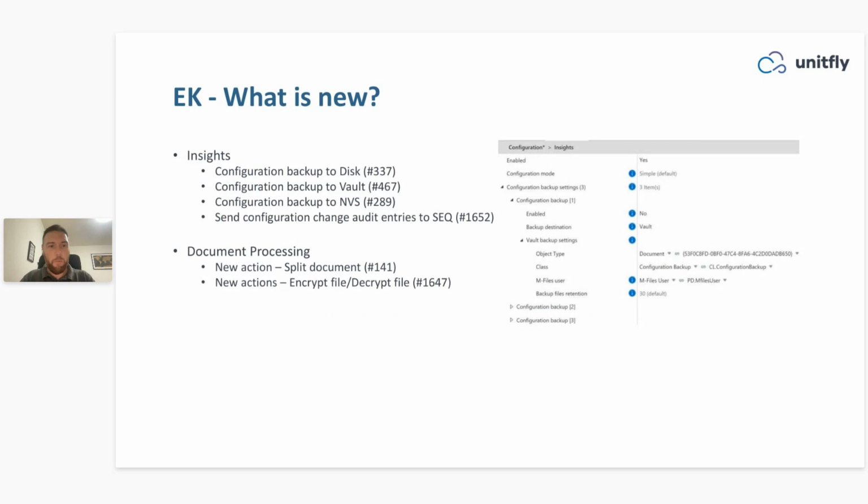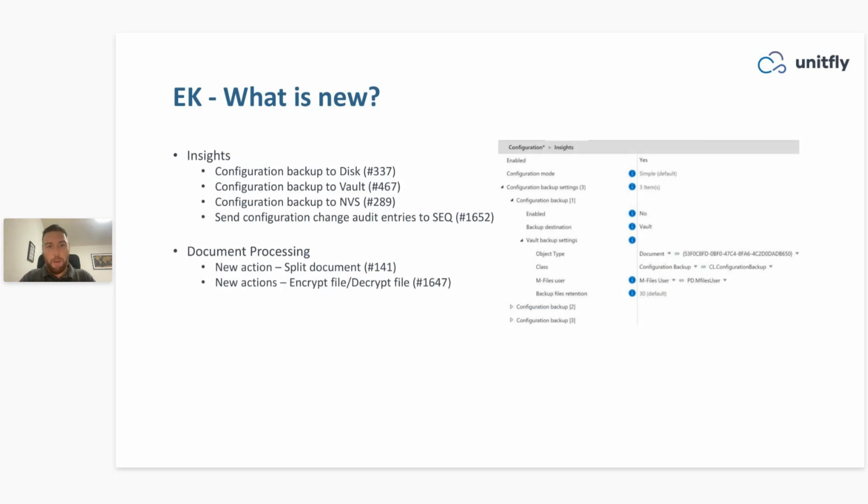For example, on the disk, you are able to save the configuration and also the changes, and in the vault you can configure that you will save the exact configuration of the vault and all the metadata.